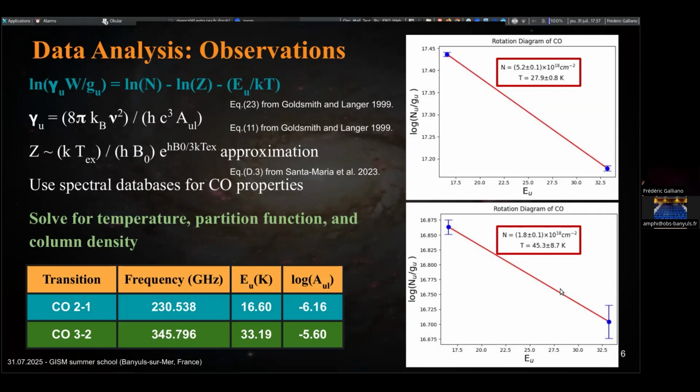So it was an assumption that we could use in this case. So after that, we only needed to calculate the partition function. Then we could derive the column density from the equation above.